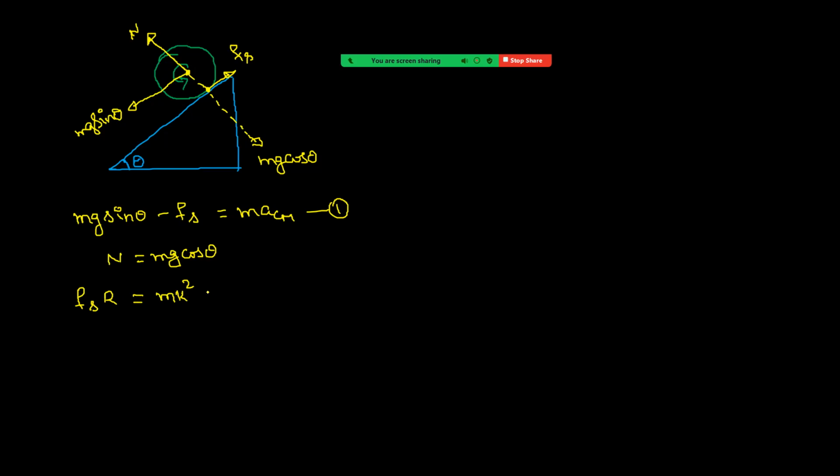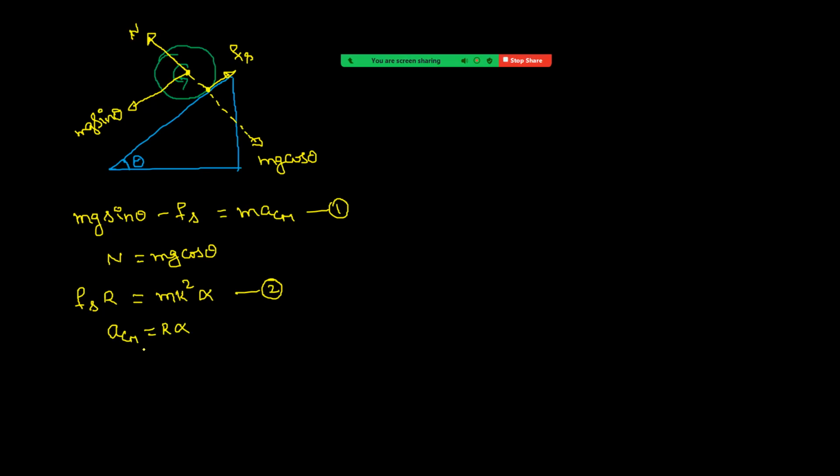Now the relation between a_CM and alpha: the contact point has no velocity, so V_CM should equal R omega. Differentiating once, a_CM equals R times alpha, because the inclined plane is stationary, so the contact point's velocity must be zero.